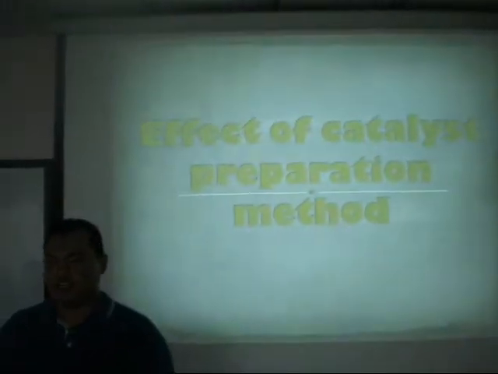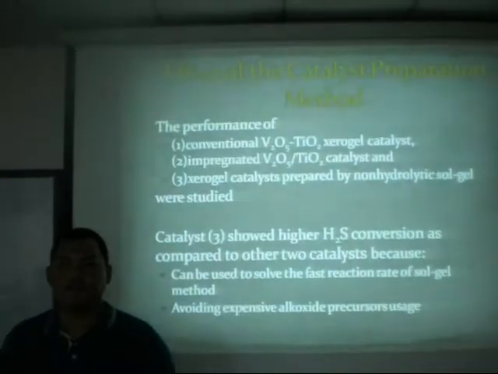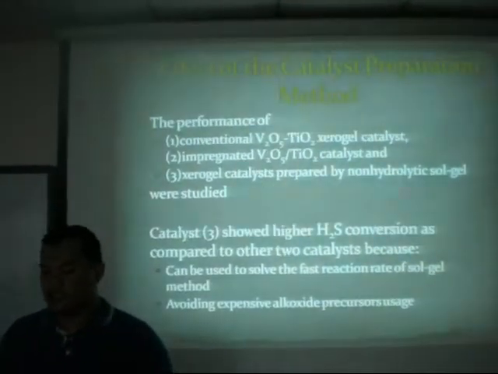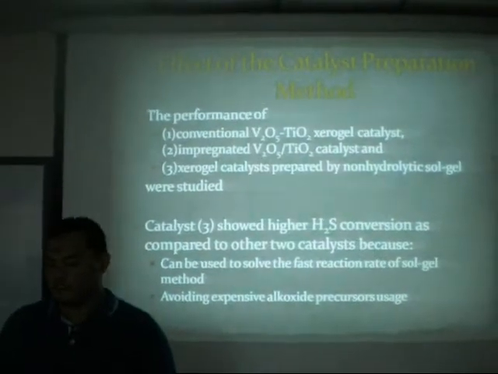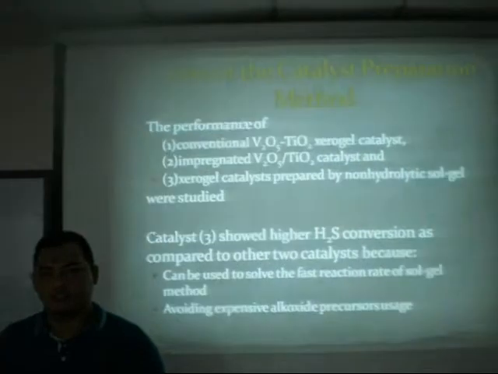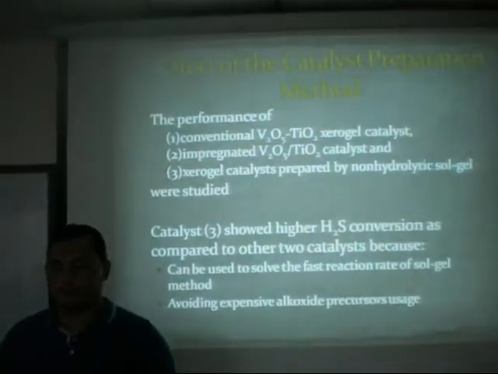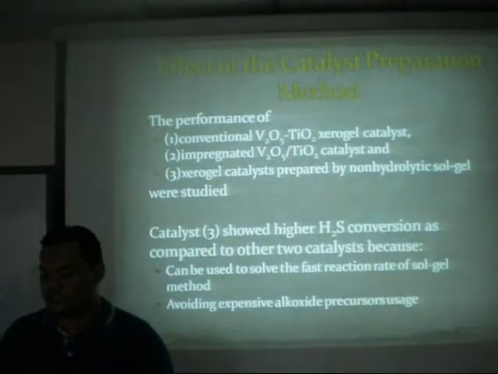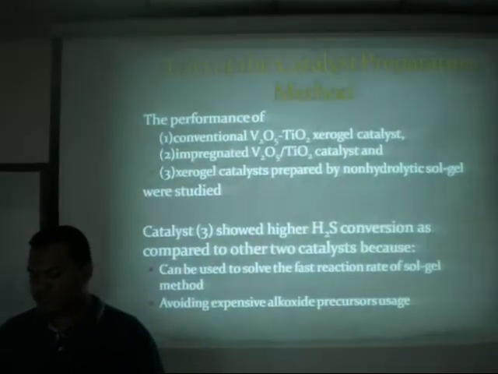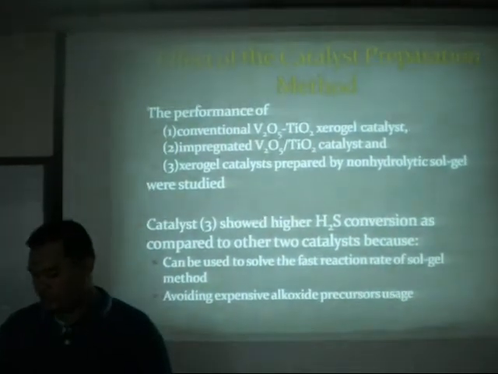Hello everyone. So the next effect is the effect of catalyst preparation method. So three different preparation methods have been studied. The first one is conventional, the second one is integrated, as well as the non-hydrolytic sol-gel preparation method. So we know that the third one has better H2S conversion, because one of the reasons is that it can be used to solve the fast reaction rate of the sol-gel method.